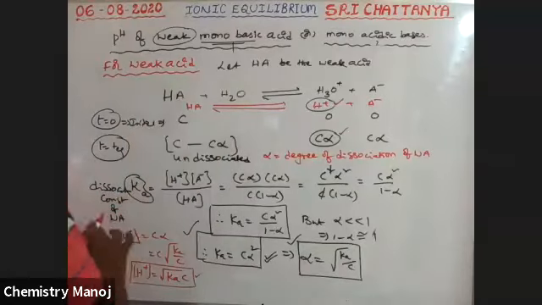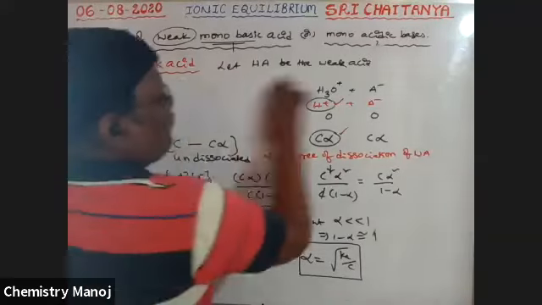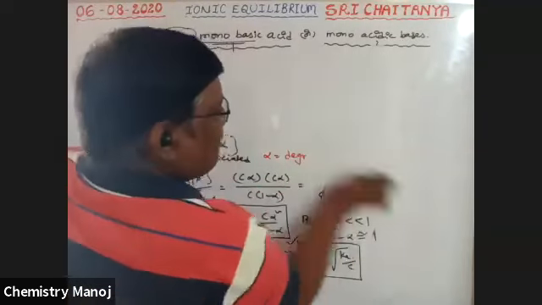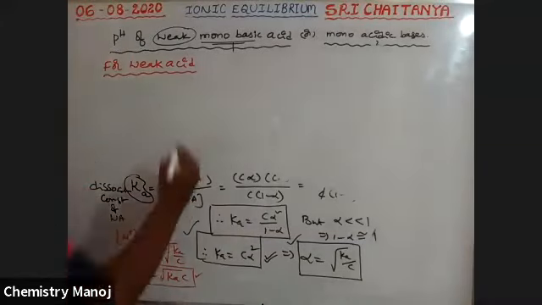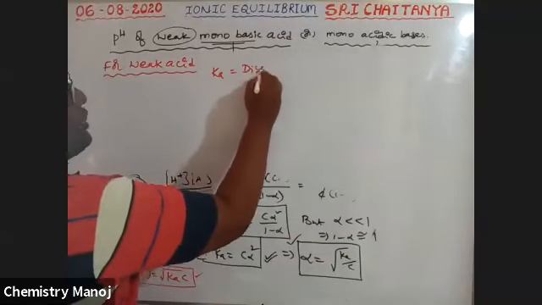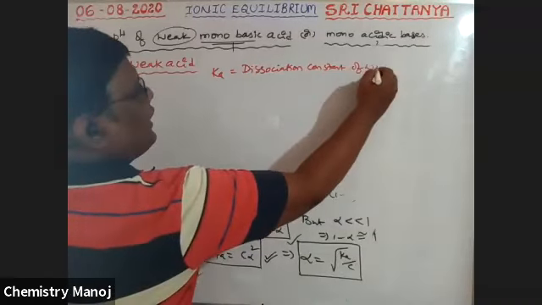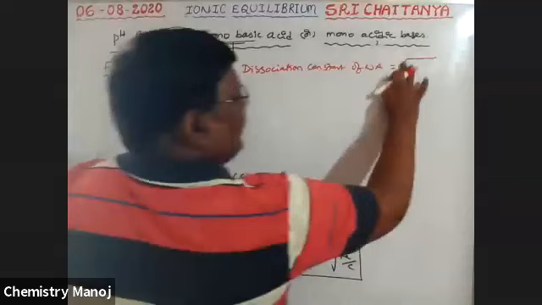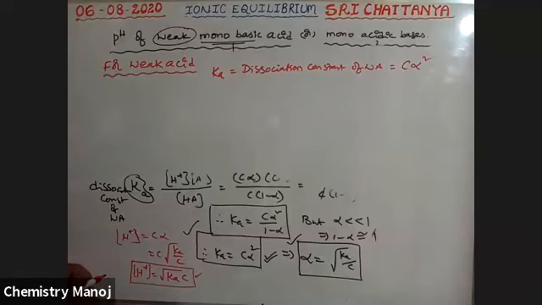So I am writing here, boys. Ka, the dissociation constant of weak acid, is equal to C alpha square.